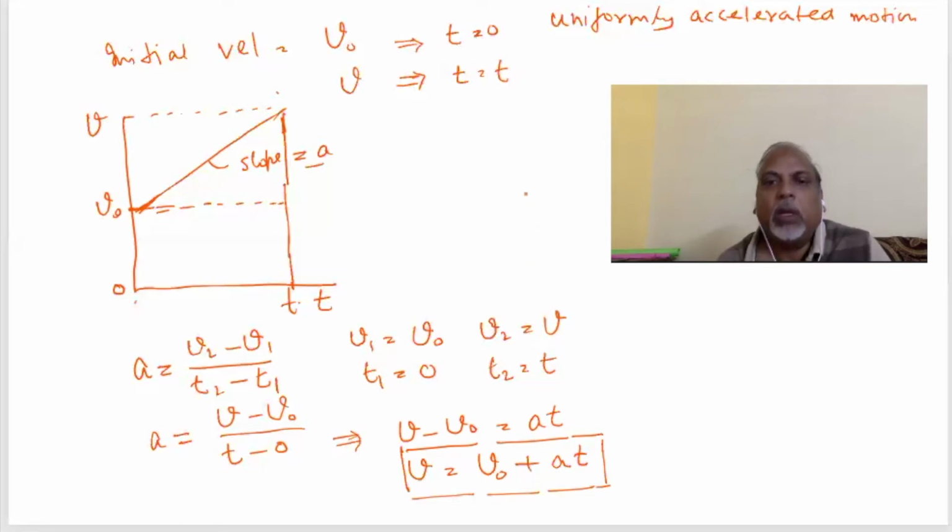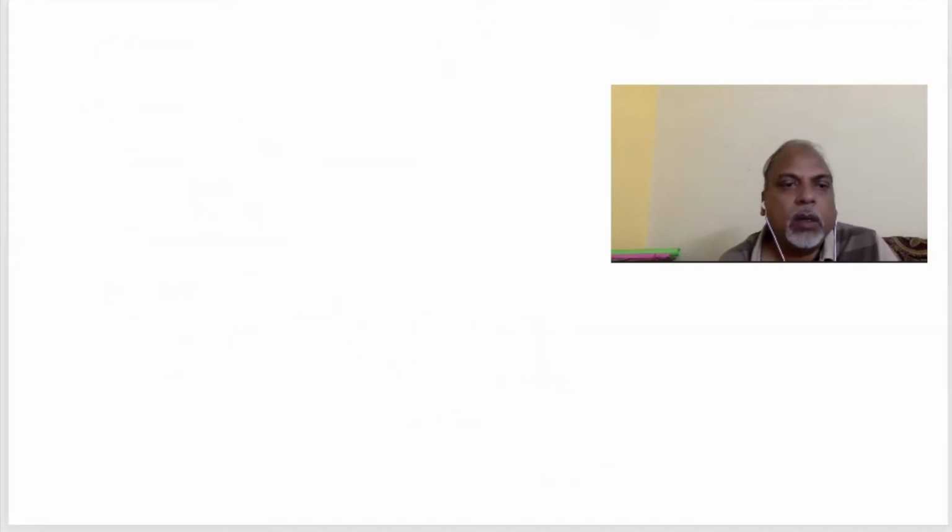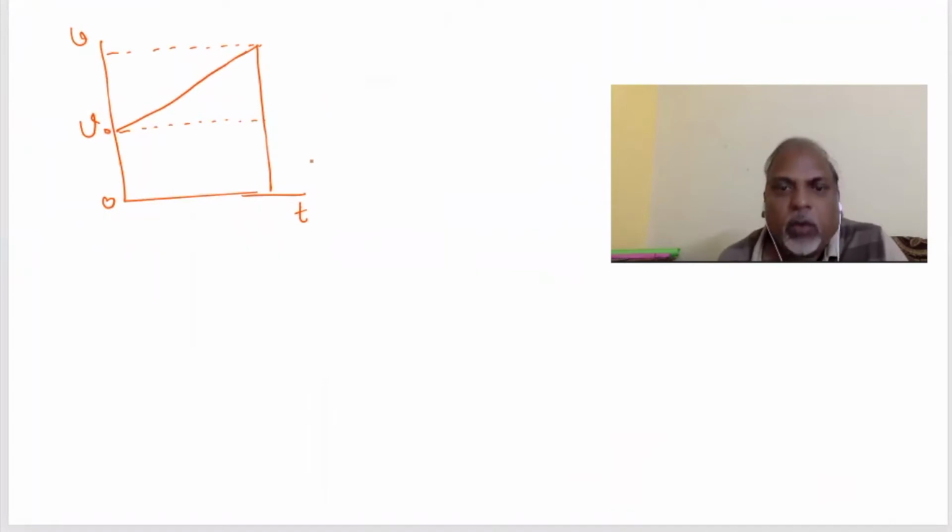Now let us derive the second equation. We can draw this figure once more. Now we will find the second equation, and it is basically the distance. Suppose we denote distance by s.